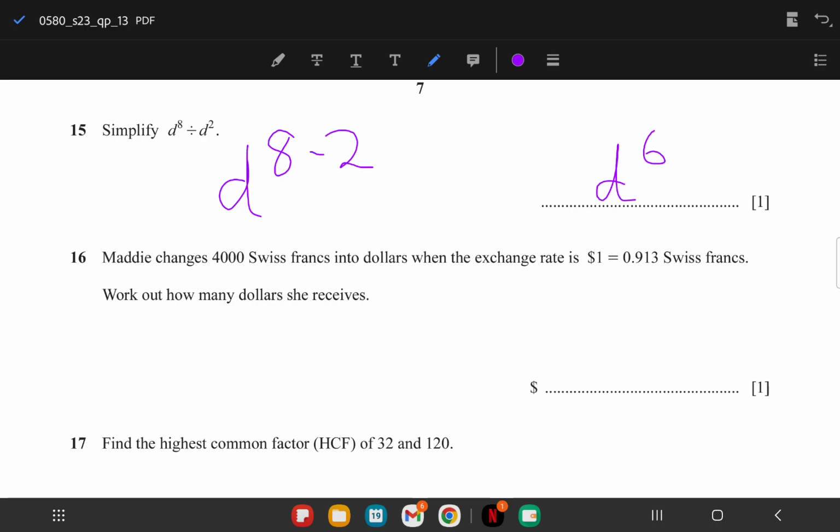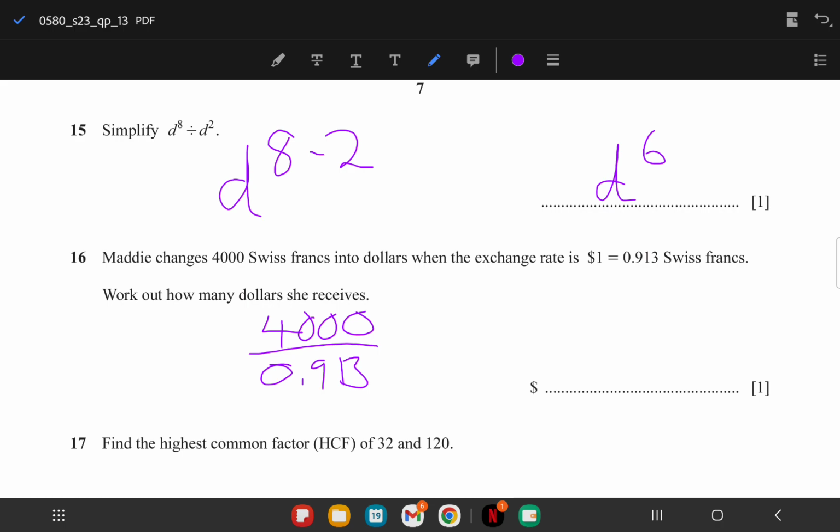Maddie changes 400 Swiss francs into dollars when the exchange rate is $1 is 0.913 Swiss francs. Work out how many dollars she receives. Okay. So if $1 is going to give us that many Swiss francs, for me to change my Swiss francs to dollars, I need to divide. So that is going to be 400 divided by 0.913. Back to my calculator.